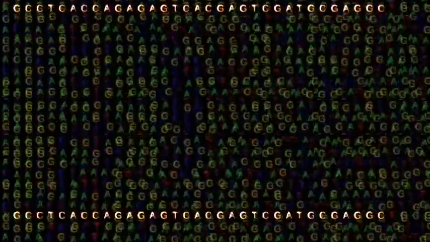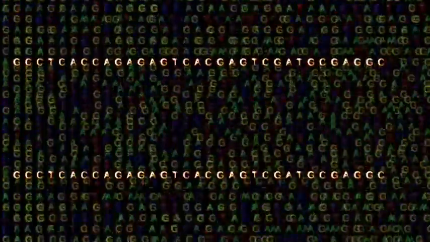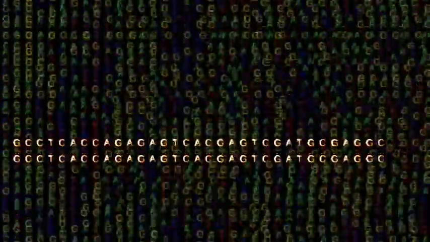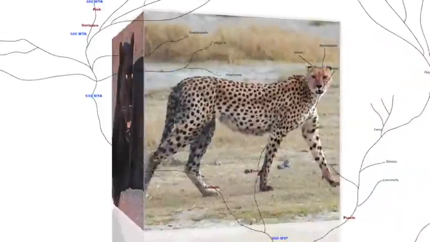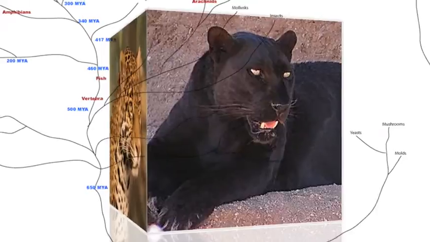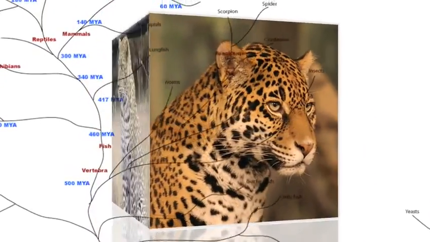In human DNA, there are about 30,000 endogenous retroviruses. There are at least 7 distinct instances of identical retrovirus insertions shared between chimps and humans. The phylogenetic tree for cats provides another example.